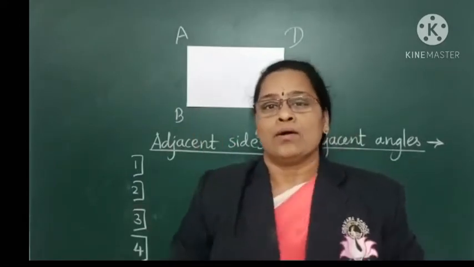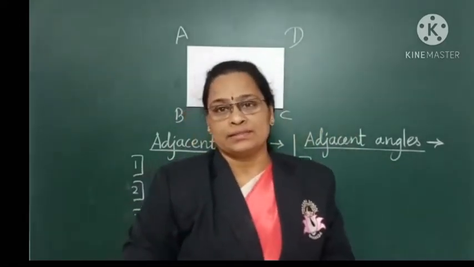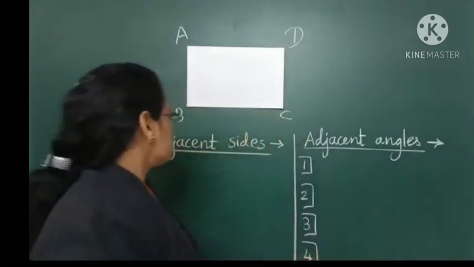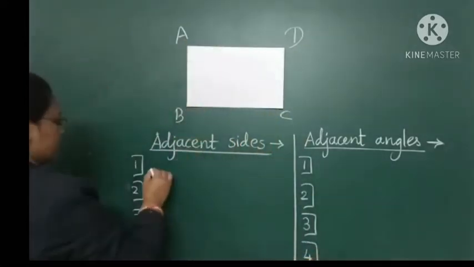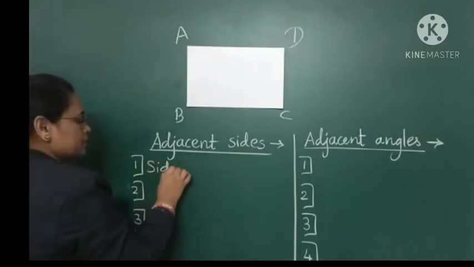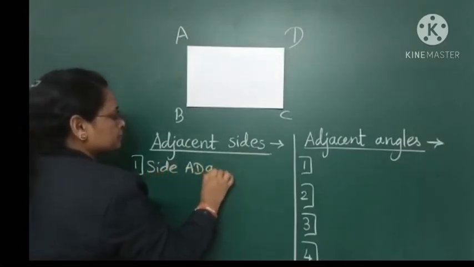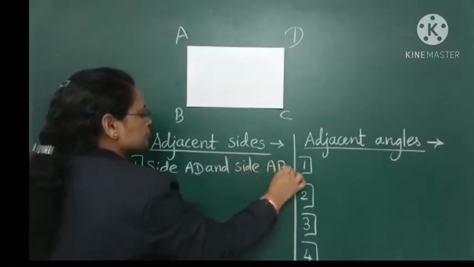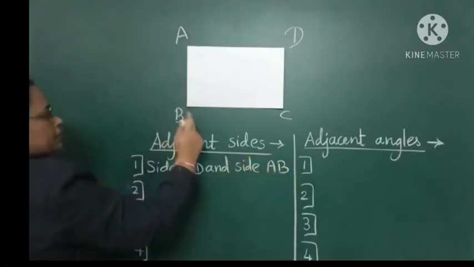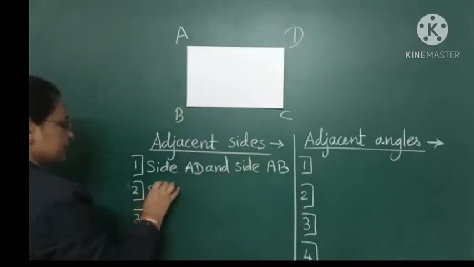Let's write all the four pairs of adjacent sides and angles. So the first pair we'll write, that is side AD and side AB. Second one, AB and BC.